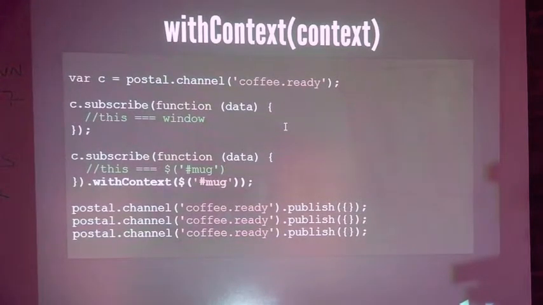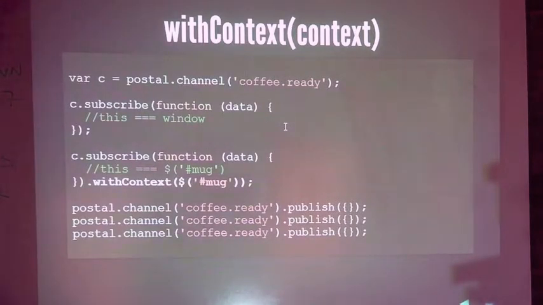So in the client, this would be window. But if I use the withContext API method, I'm going to tell it to use this jQuery object so that when my coffee is ready, I can manipulate that. Maybe I throw up a big red light, the coffee's ready or whatever. So I can just say this.addClass or whatever.